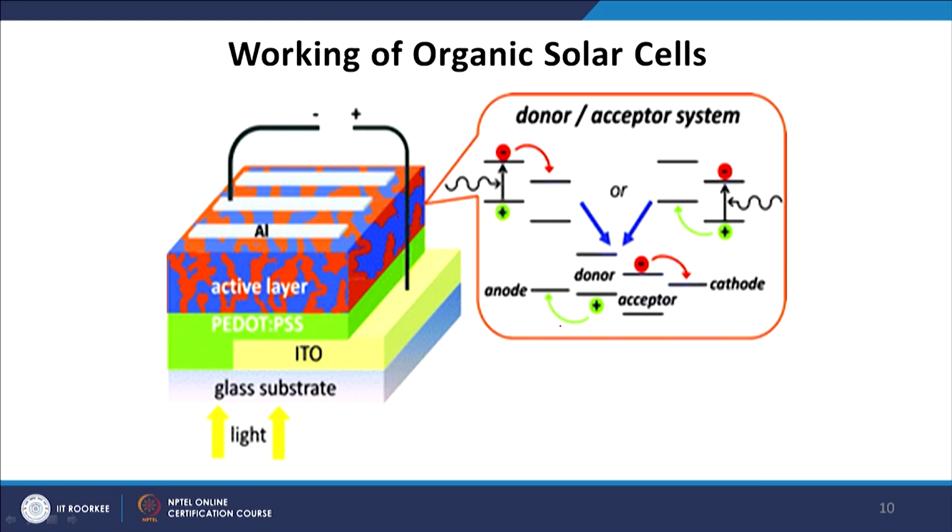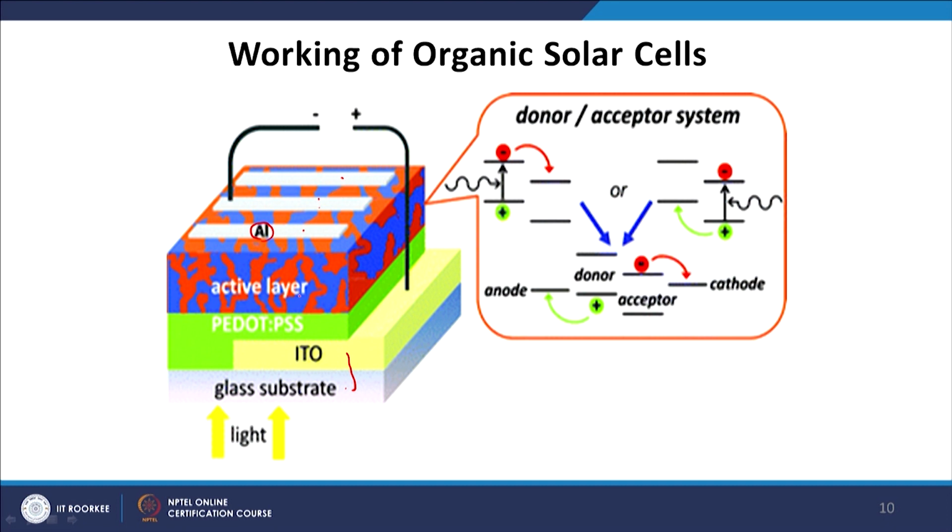Let us look at the working principle of organic solar cells. As we have said, it is a sandwich device. Basically we have two electrodes: one is a transparent ITO electrode deposited on a glass substrate, and then there is a metal electrode, aluminum, which we have put as a finger electrode to reduce the leakage loss.